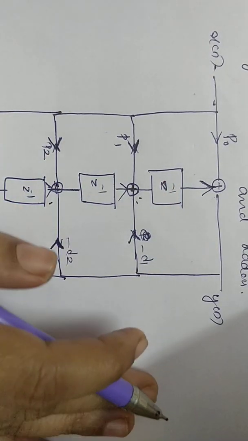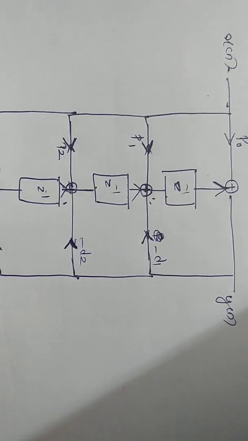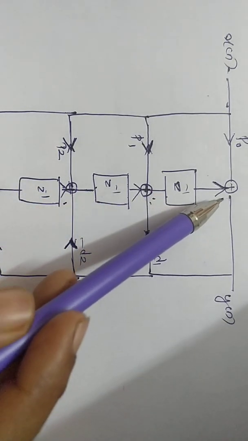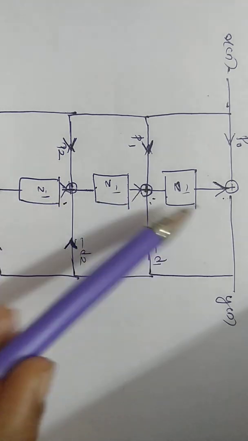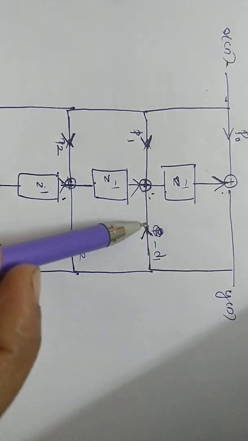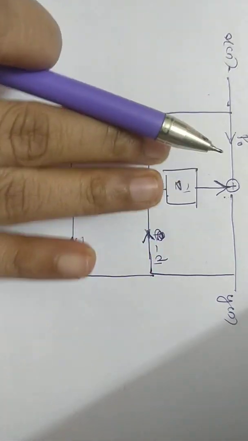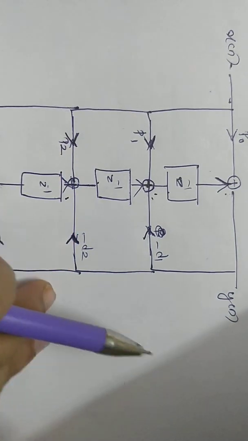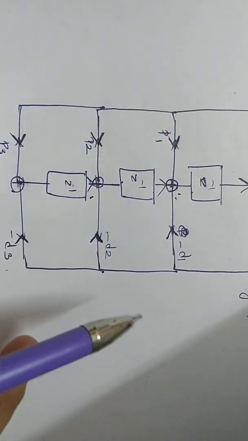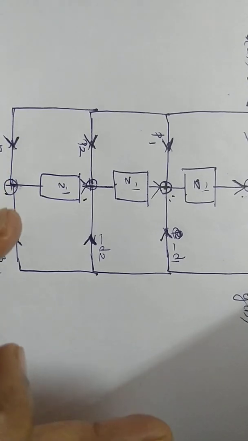Here you can see how many delays are present: only 3 delays. And how many adders: 1, 2, 3 and 4, only 4 adders. I interchanged the branches. The p1, p2, p3 coefficients are coming towards this side, and minus d1, d2, d3 are on this side. This is the transpose of the direct form 1 and 2 structure.